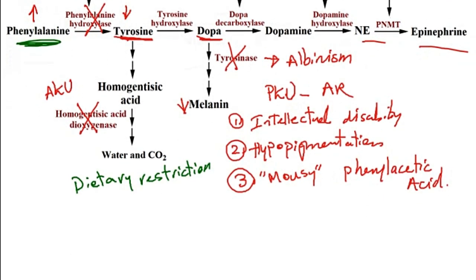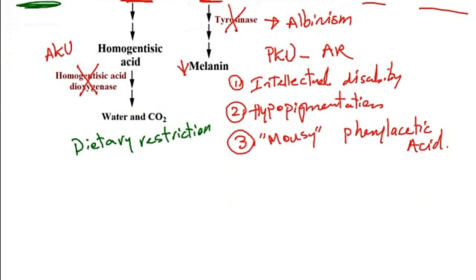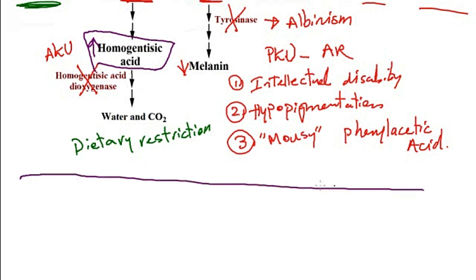The next condition is alkaptonuria, which is caused by the deficiency of the enzyme homogentisic acid dioxygenase, as a consequence of which there would be increased concentration of homogentisic acid. So here we have alkaptonuria, which is also an autosomal recessive disorder.